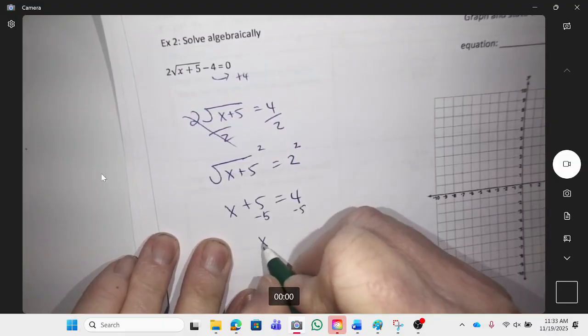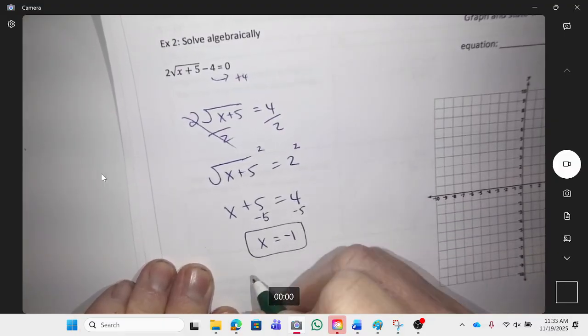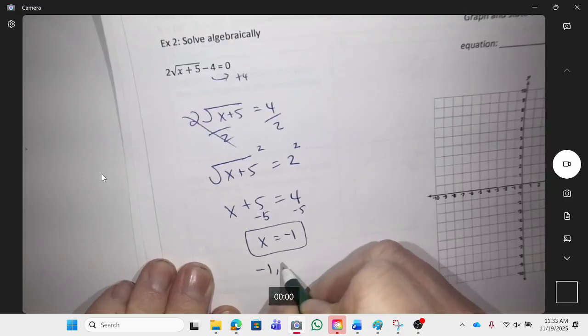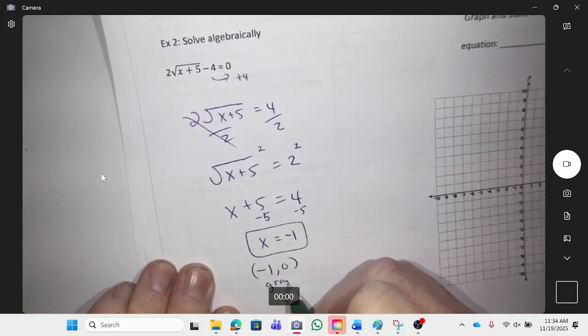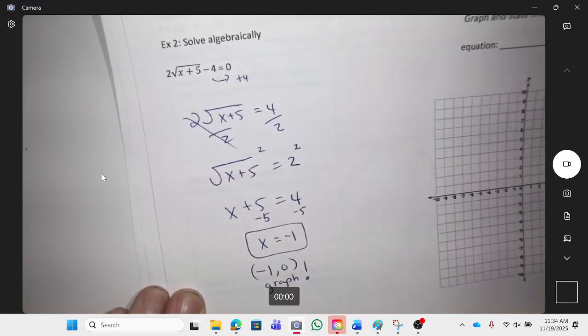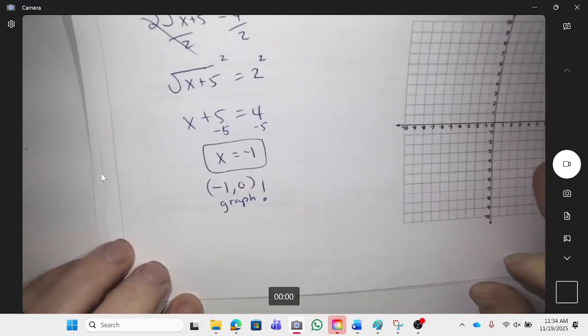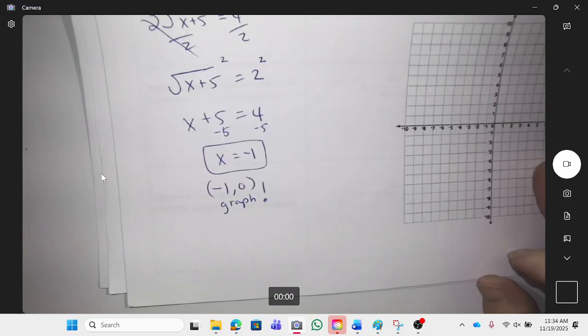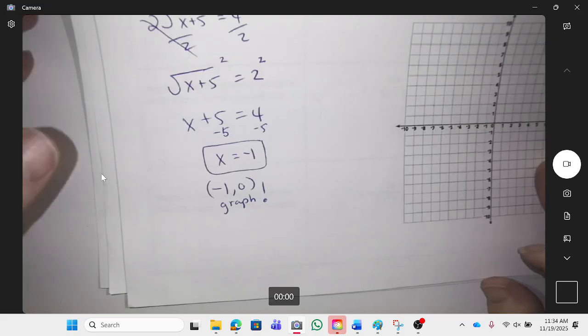And now subtract 5. Okay, so we're going to hope that the coordinate -1, 0 is on the graph when we graph it.